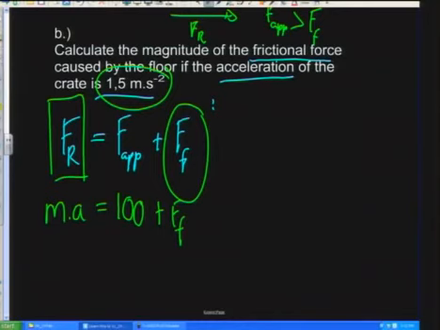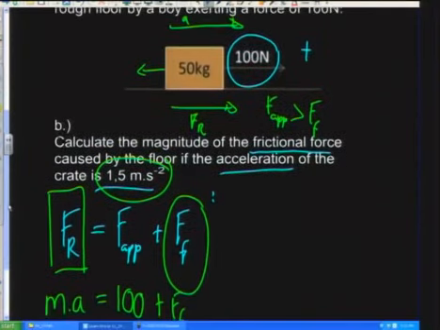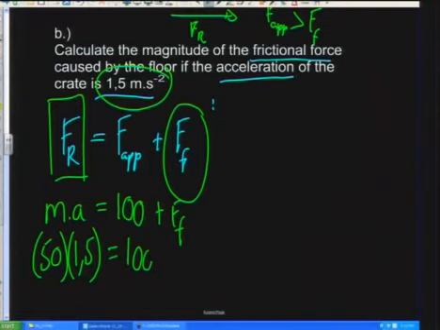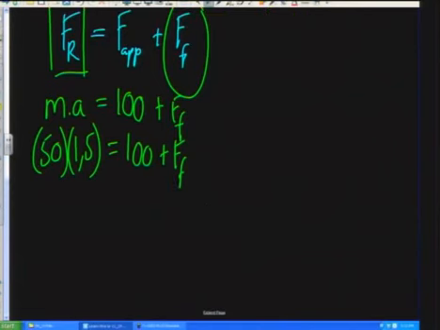So let's substitute in the values. The mass was 50 kilograms times the acceleration of 1,5 meters per second squared is equal to 100 plus the force of friction. Now, remember, we're not able to work out what this is yet, and these are added as vectors, but we'll come to that and we'll see exactly what's happening. 50 times 1,5.